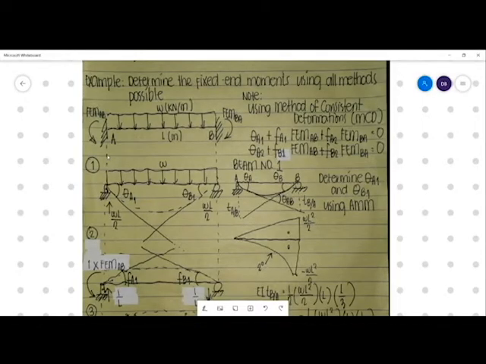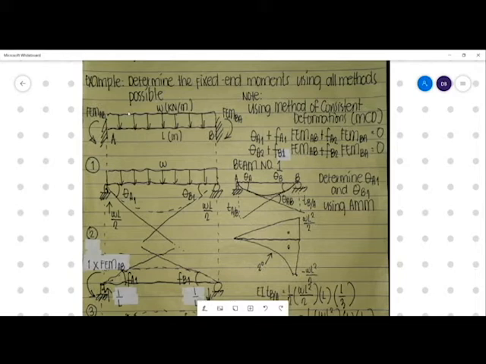Determine the fixed end moments using all methods possible. So we have here a restrained beam with length L, assume that this is in meters, and acted on by a uniformly distributed load W in kilonewton per meter.